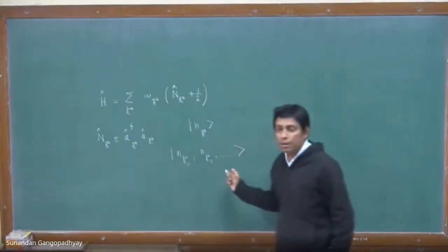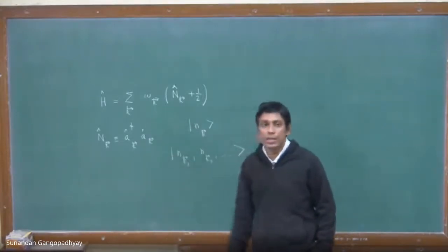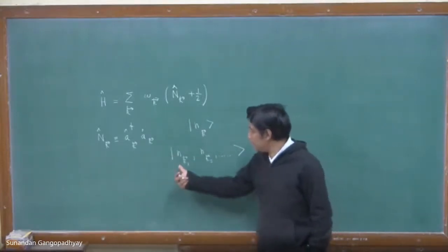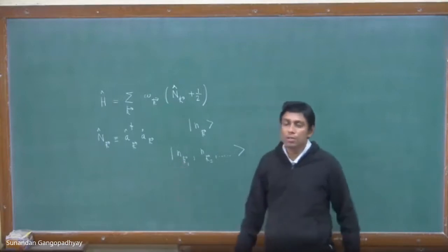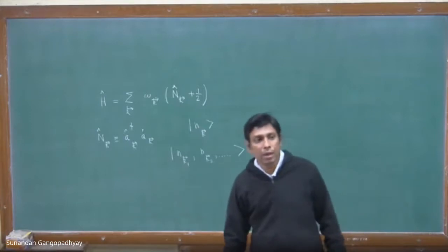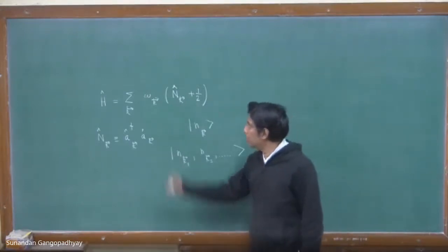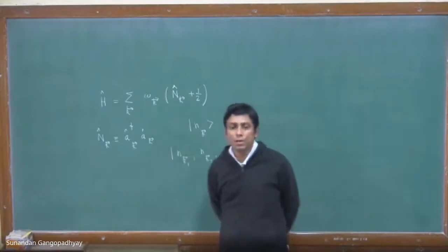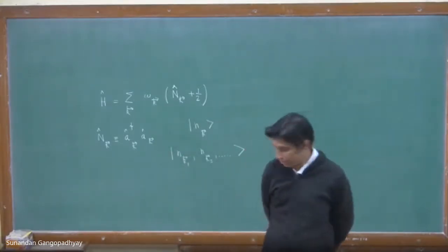So this is a number state on which these number operators act, and this tells you how many particles are there with momentum k1, with momentum k2, and so on. So this interpretation tells us that this is basically a number operator.